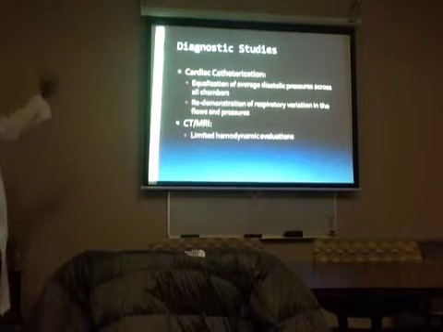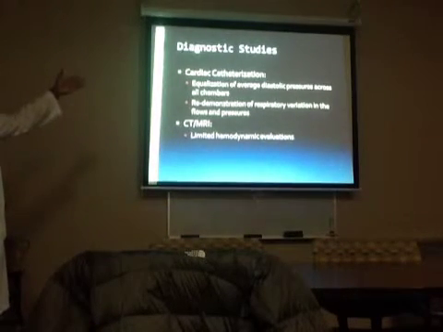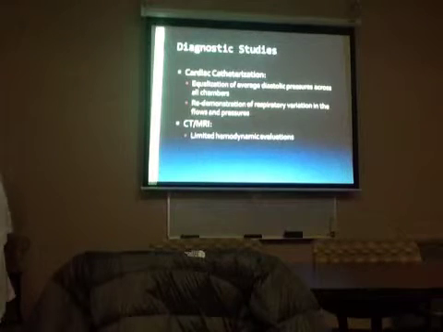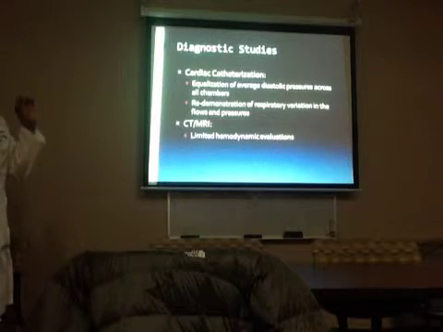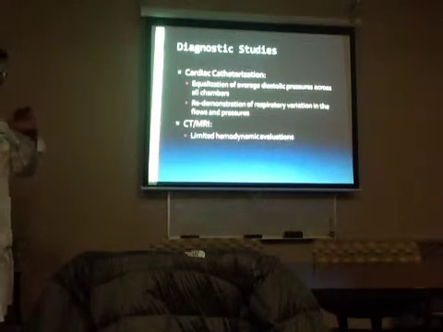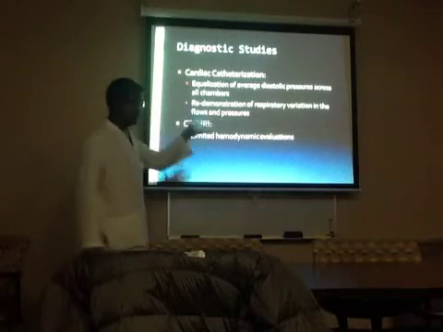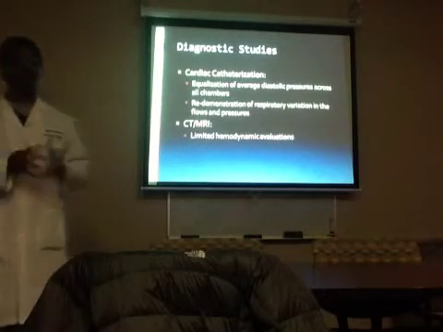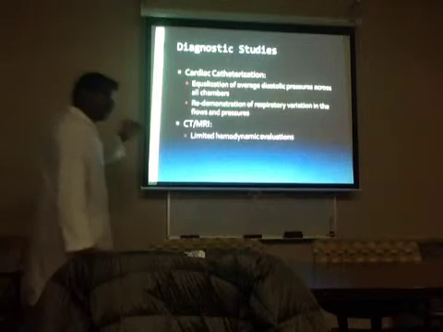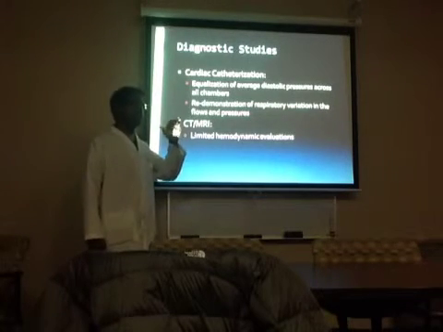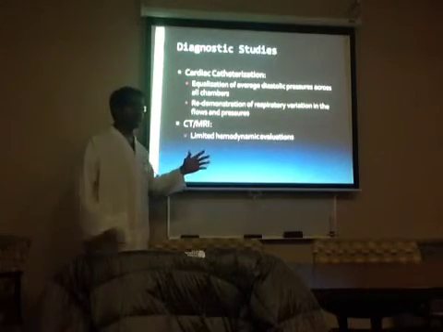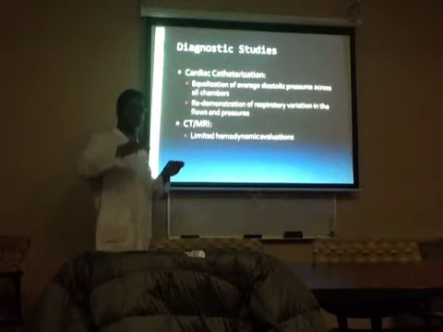Diagnostic studies, you have all these things, but if you do cardiac cath, the key finding is diastolic equalization of the diastolic pressures of all 4 chambers. So mean diastolic right atrial pressure, because the diastolic pressures keep changing too.